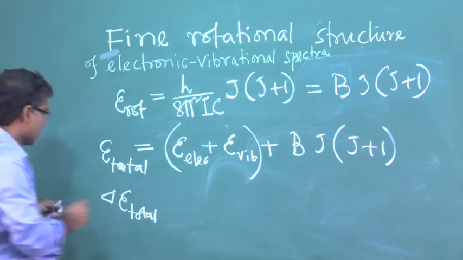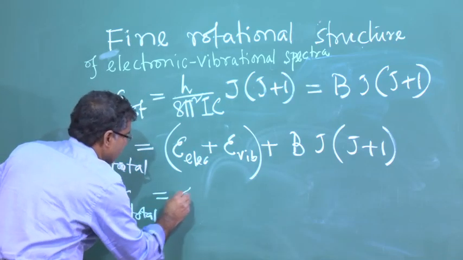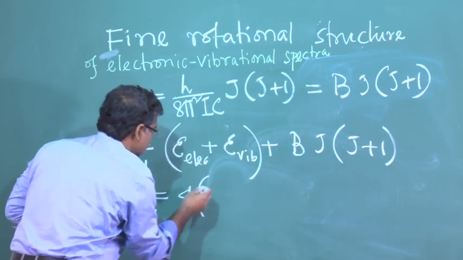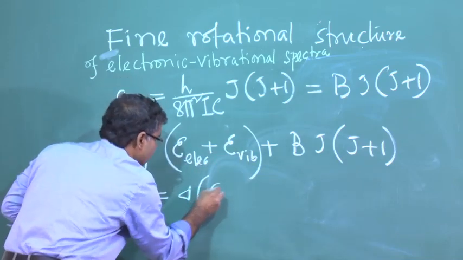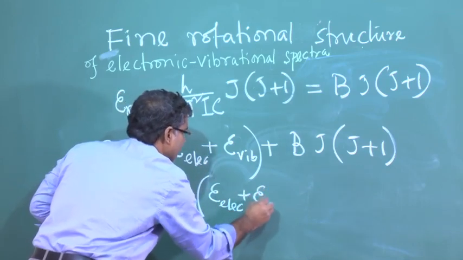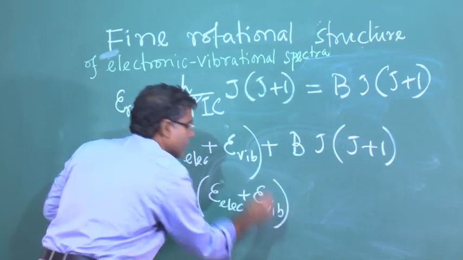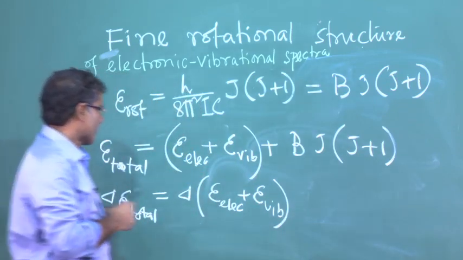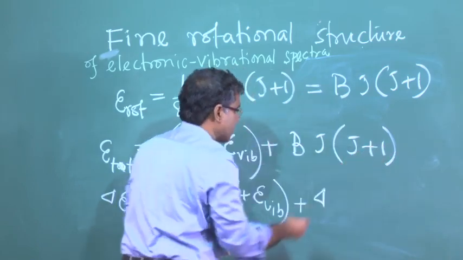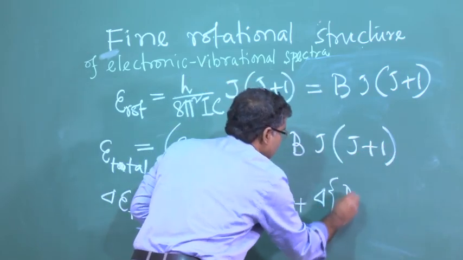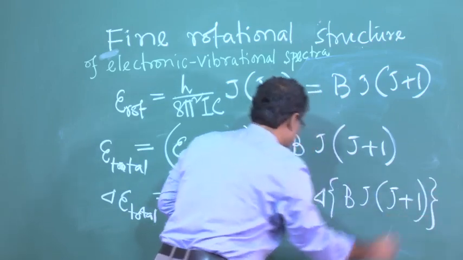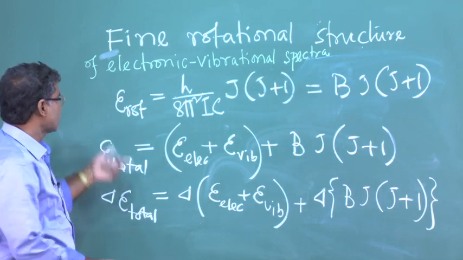This we can write as the change of the electronic and vibrational energy, E electronic and E vibrational, then the change of the rotational one, B J into J plus 1. Okay.